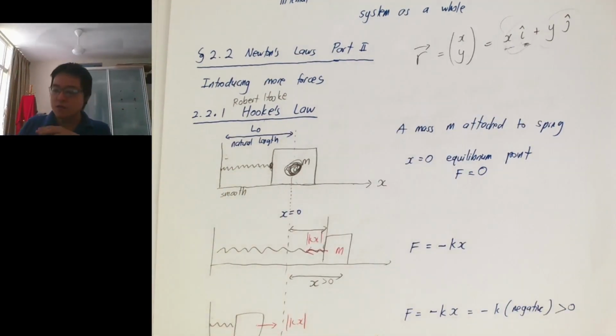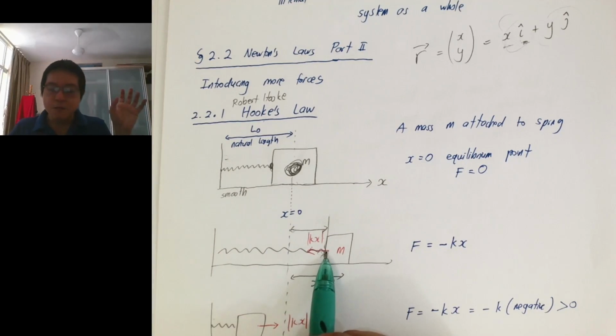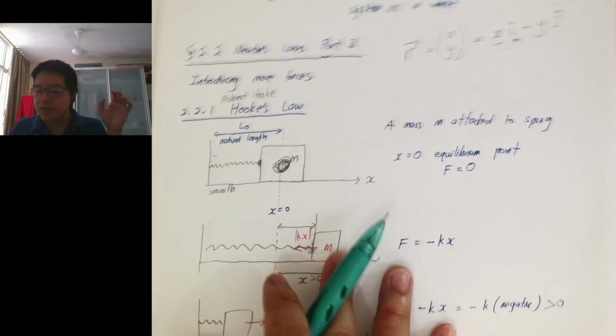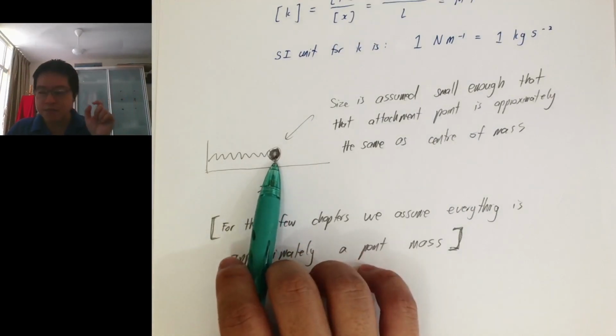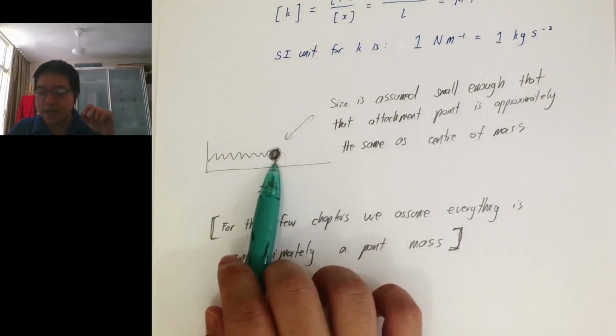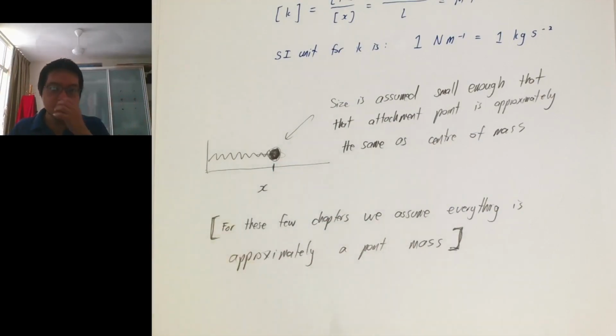The spring can only know how much it stretches, so it should be the point of attachment. But we are assuming that this object is small enough that its size doesn't really matter, so the center of mass is very close to where it is attached to the spring.